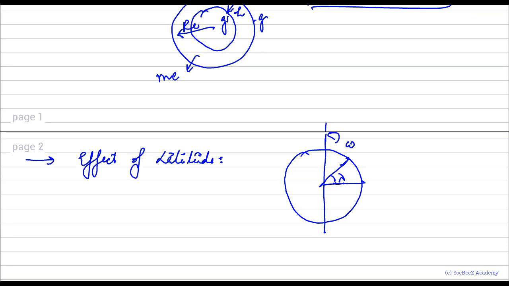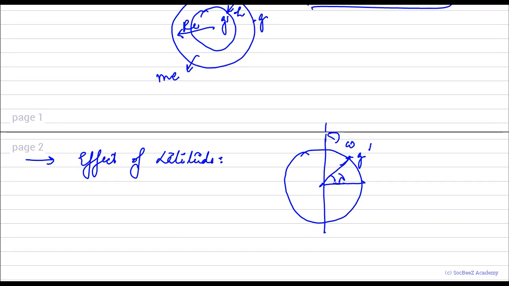The magnitude of acceleration due to gravity at this particular point, let's say, is g dash. And g is the acceleration due to gravity of the earth, considering that it is not rotating. That is g.